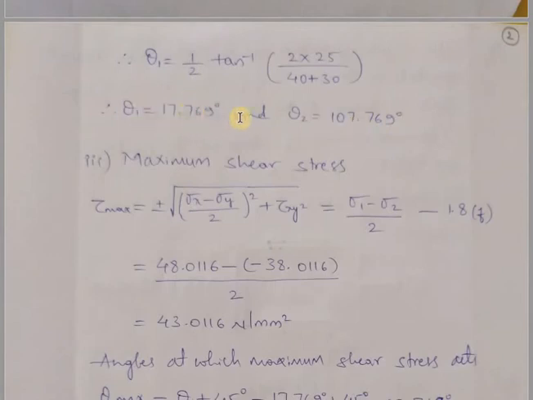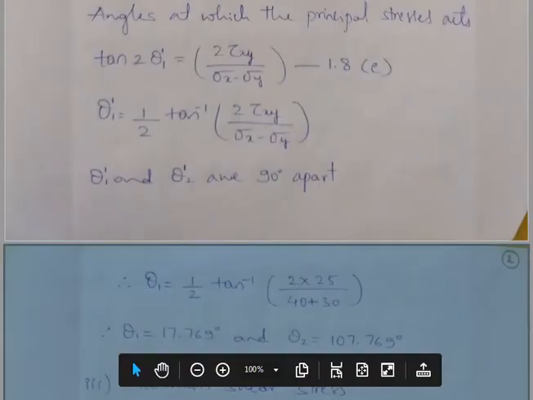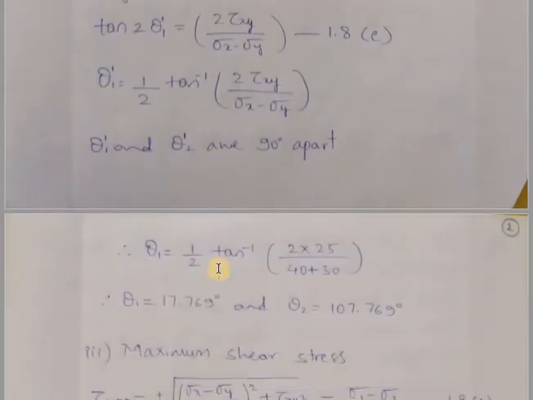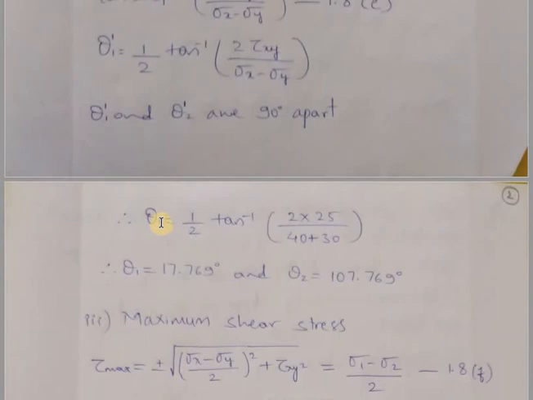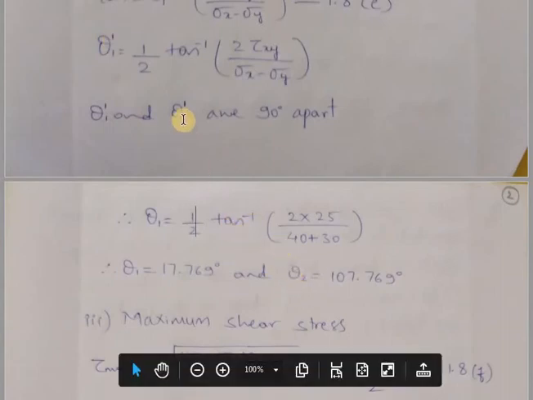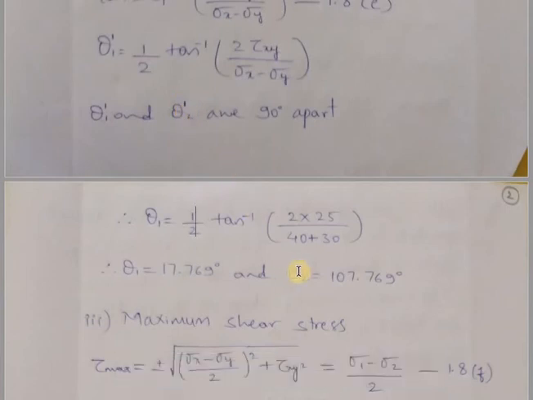So this plus 90 degrees will give this result. As it is written, theta 1 is nothing but theta 1 dash only, and theta 2 is nothing but theta 2 dash only. So don't get confused regarding this. You can use either of the symbols, just keep the symbols consistent.